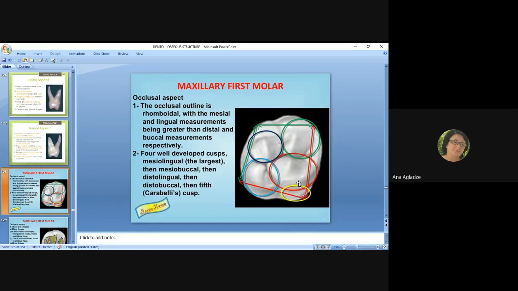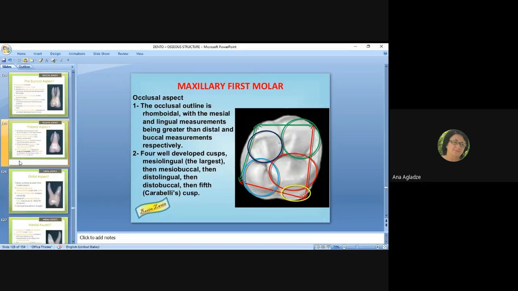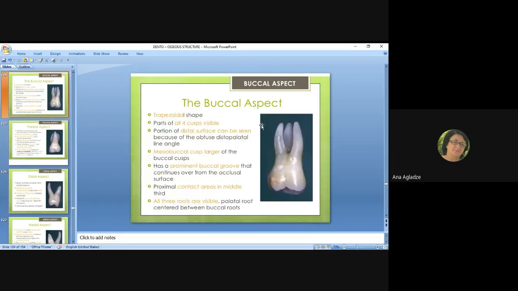And the mesiolingual is the largest. Then there is the mesiobuccal, then the distolingual cusp and the distobuccal cusp, and as we mentioned, this is the cusp of Carabelli. And this is the buccal aspect of this tooth.